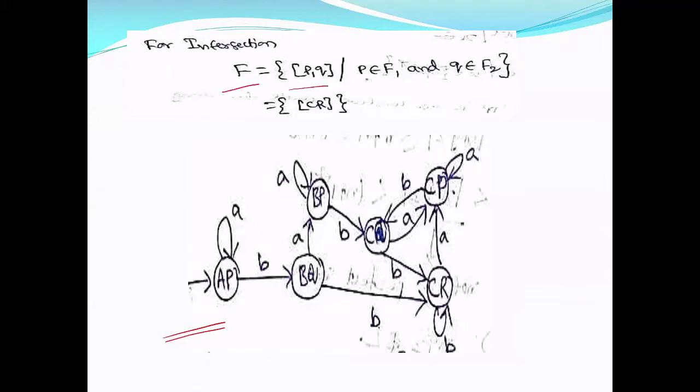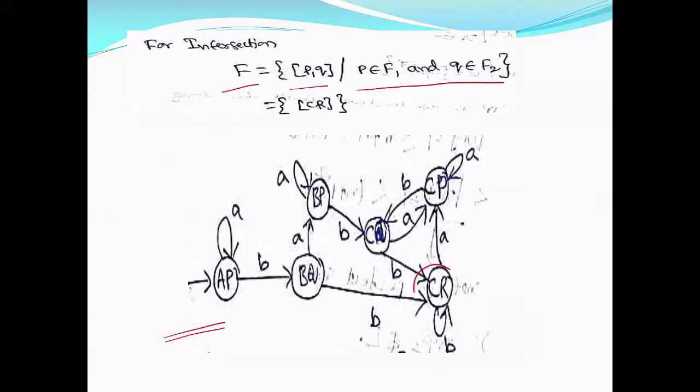For intersection, in the states of your combined FA, both the first one and second one should be final states. Now look at this. This cannot be a final state because P is a non-final state. C is a final state in M1 and R is a final state in M2.